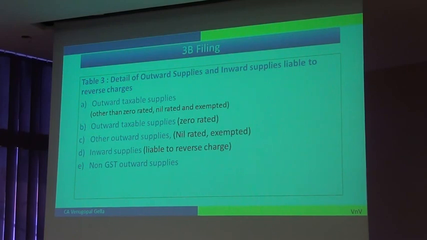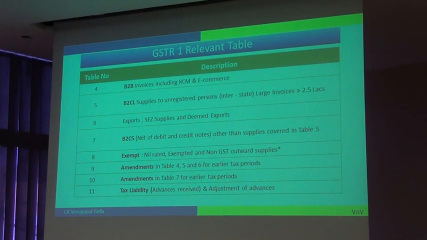In 3B, table 3, we record all the liabilities. When it comes to GSTR 1, from table 4 to table 11 we capture various types of liability: B2B, B2C large, export, B2C small, then amendments. All those are captured in different tables starting from table 4 to table 11. So the summation of tables 4 to 11 and table 3 of 3B should be reconciled. How do we reconcile?